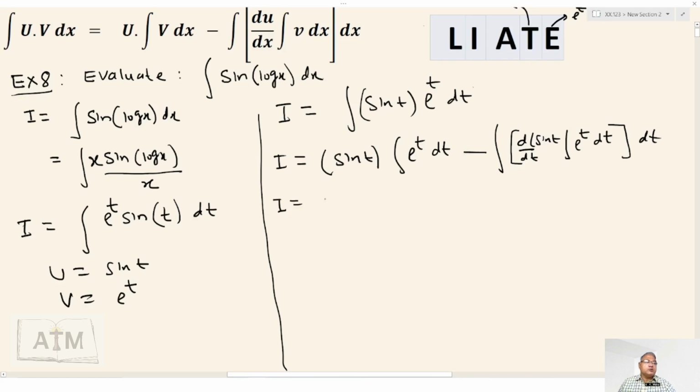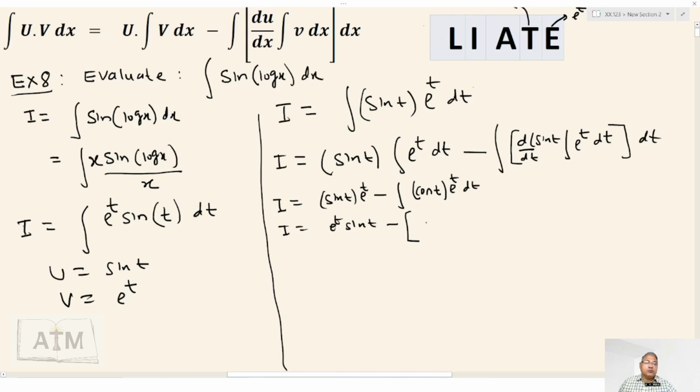So I equals sin t multiplied by e raised to t minus integration of cos t multiplied by e raised to t dt. I equals e raised to t sin t, again applying the product rule.